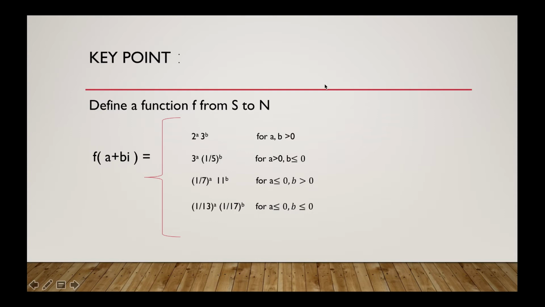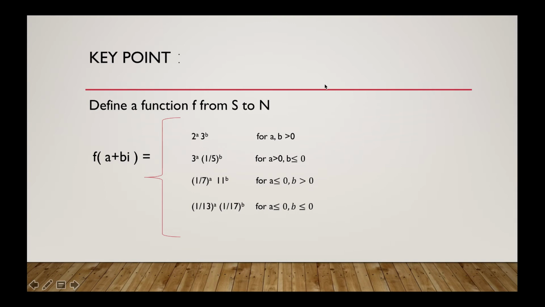It equals 1 over 7 raised to a times 11 raised to b for a less than or equal to 0 and b greater than 0, and it equals 1 over 13 raised to a times 1 over 17 raised to b for both a and b less than or equal to 0.